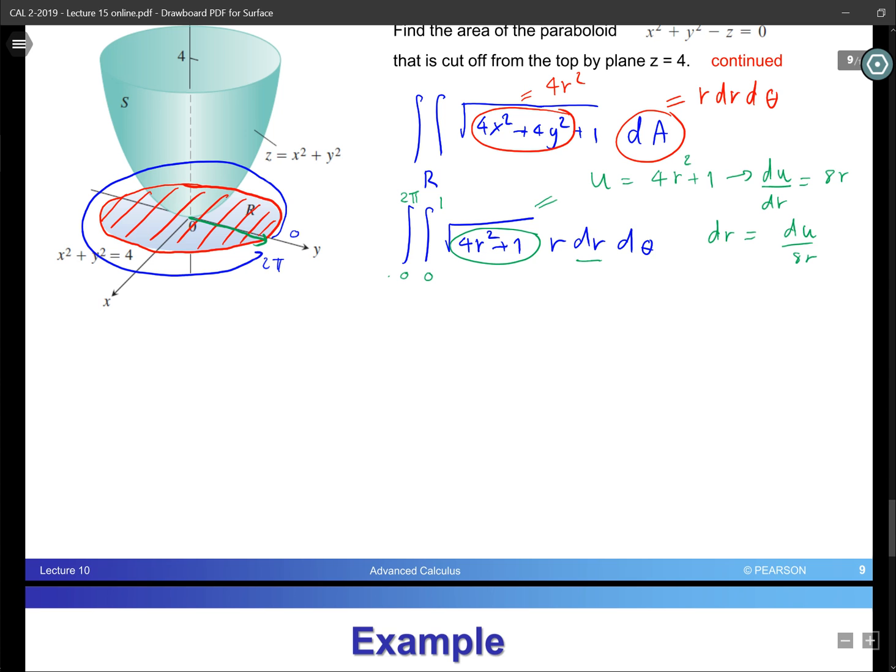Now perform the integration here. theta 0 to 2 pi, r equal to 0 to 1, this is square root of u. Now r just the same, and then we have dr equal to du divided by 8r, and we still have this d theta here. Right, it turns out that we got lucky. Here r cancel each other.